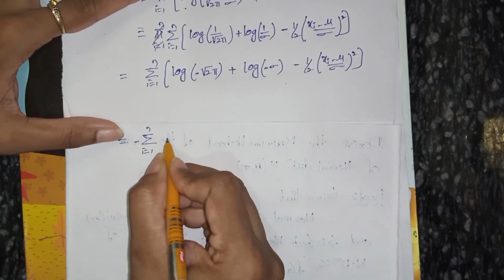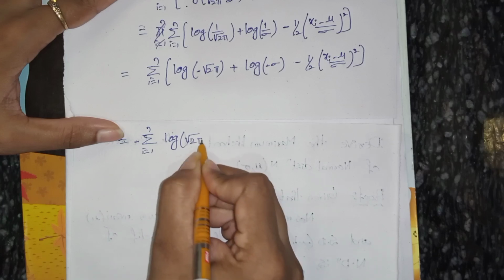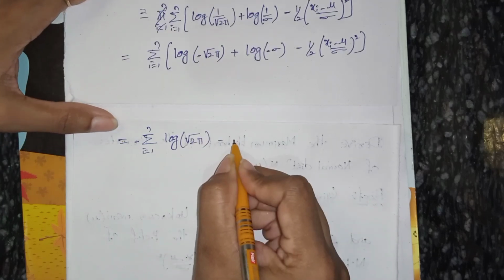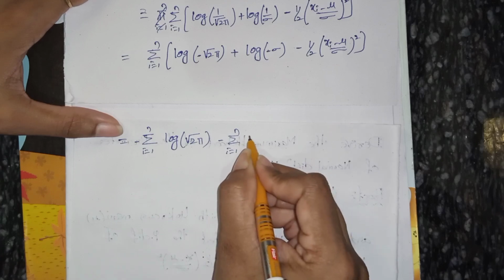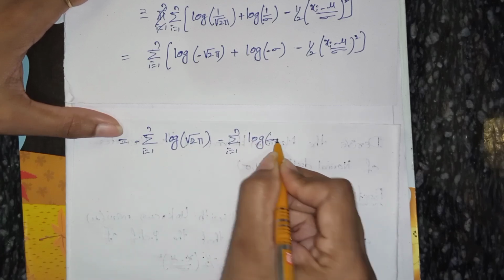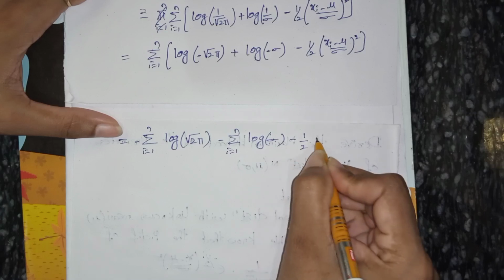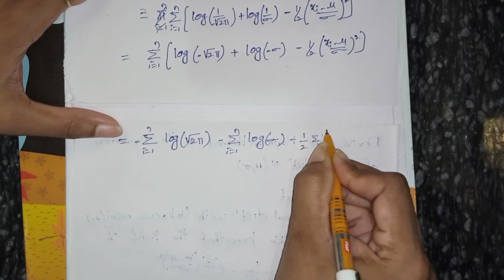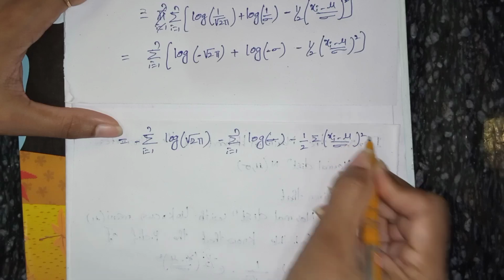So minus log root 2 pi, minus summation i equals 1 to n of log sigma, minus 1 by 2 summation (xi minus mu by sigma) whole square.